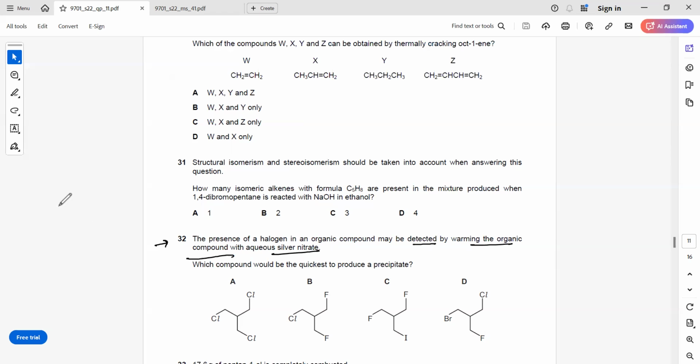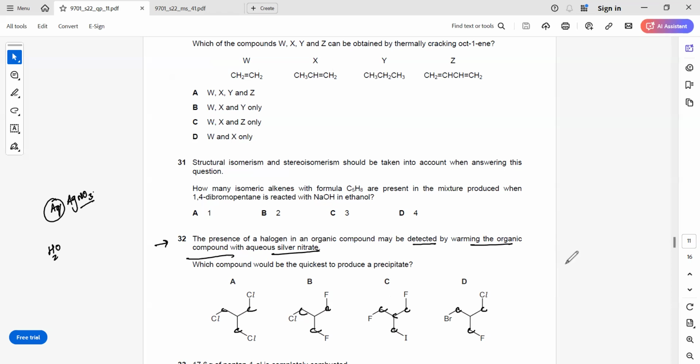So remember, when we treat with aqueous silver nitrate, the water behaves as a nucleophile and substitutes the halo group which is present here. So we can see in these compounds the CF bond, CCl bond, and CI bond.